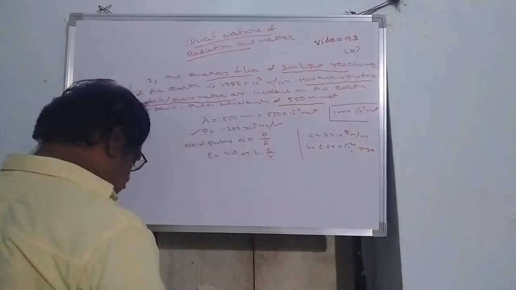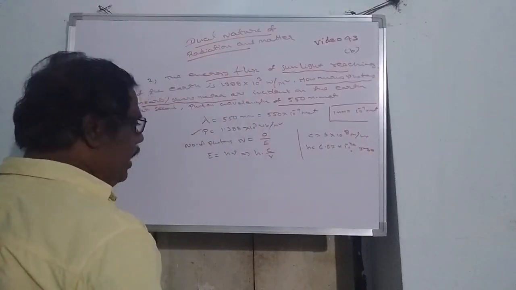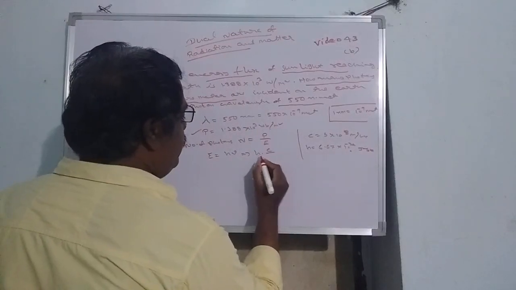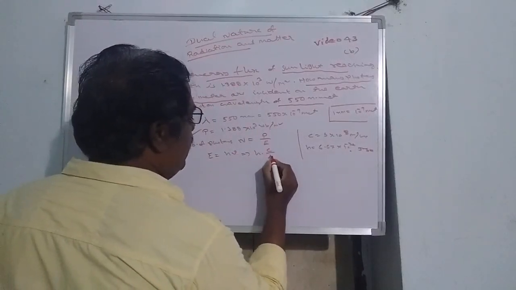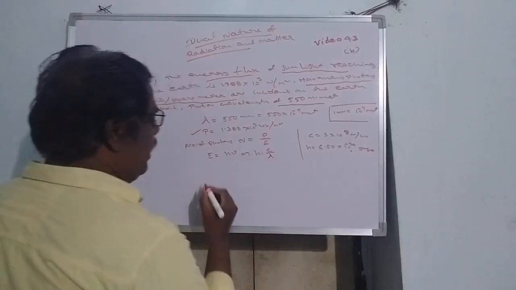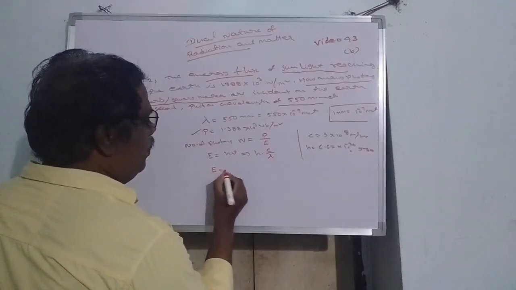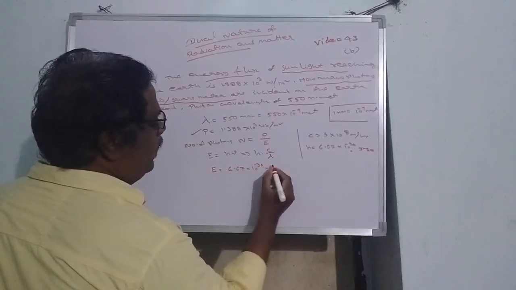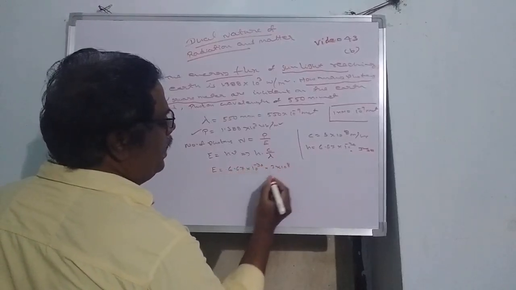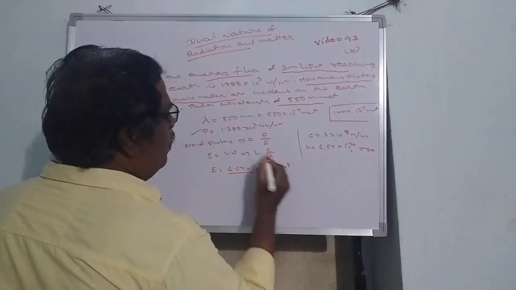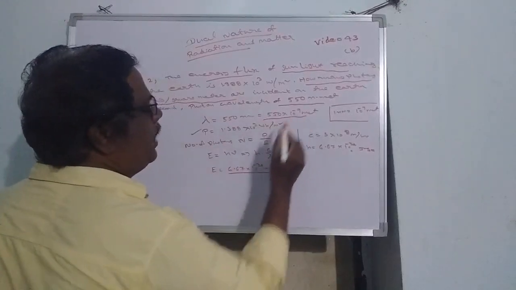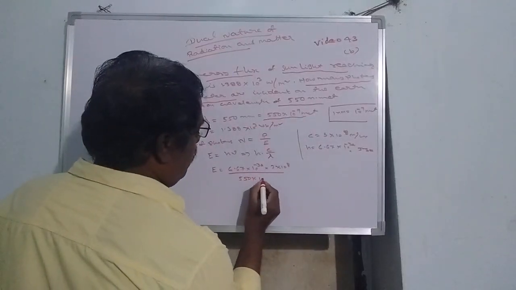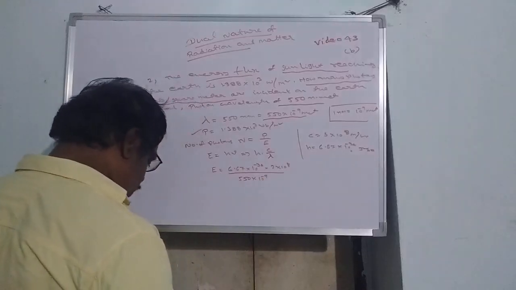And nu is equal to c by lambda. The lambda value is given already. So E is equal to 6.67 into 10 power minus 34 into 3 into 10 power 8 by the lambda value. What is the lambda value after conversion? 550 into 10 power minus 9. So this we have to solve.